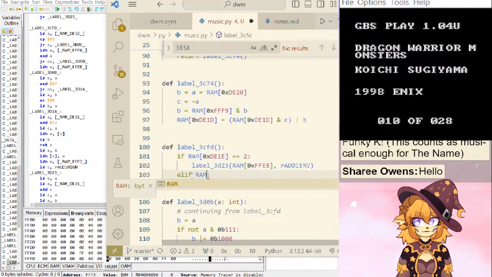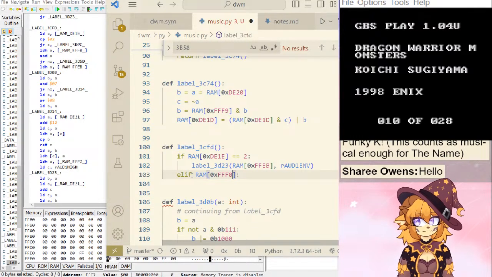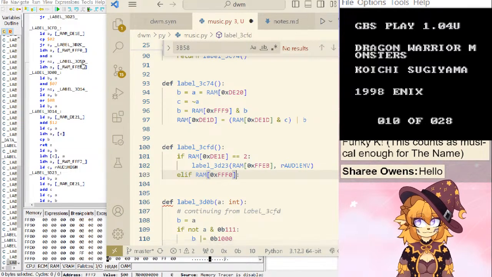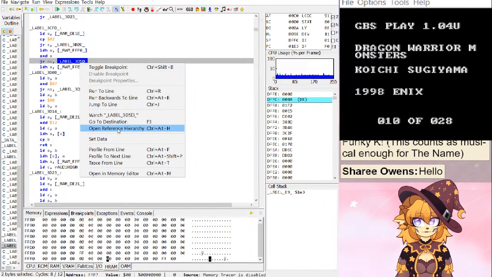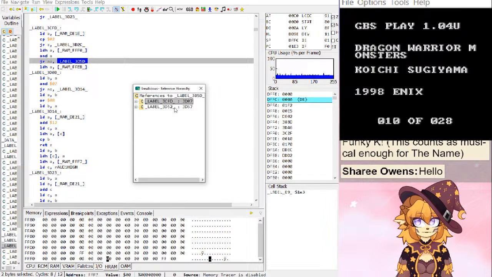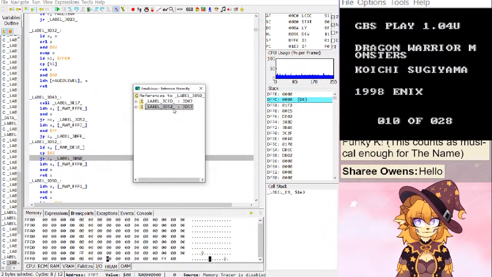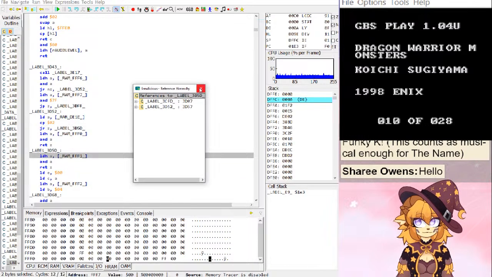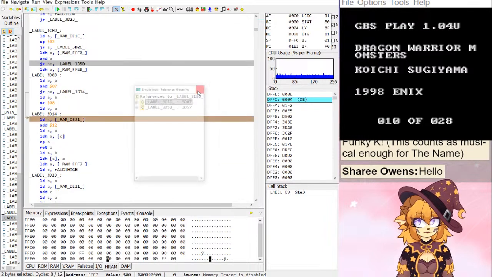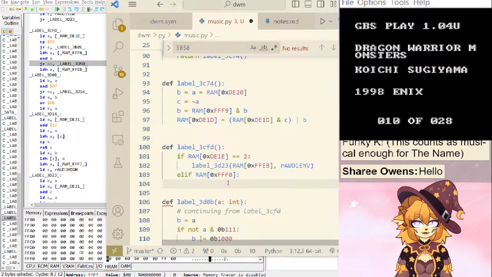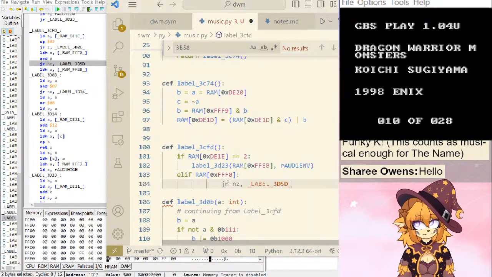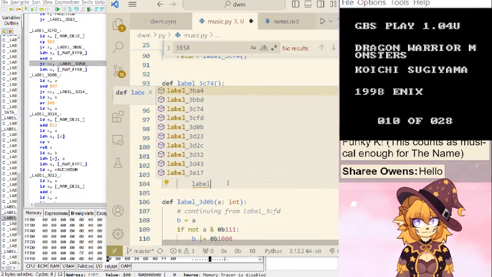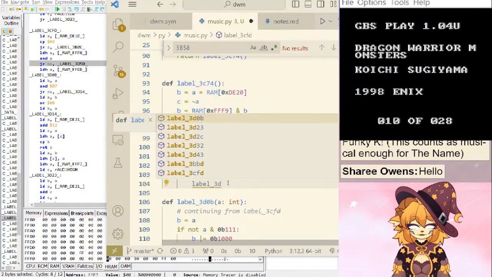RAM 0xFFF0. So if that is non-zero, then it goes to... okay. Probably just have to do that as a call. Example 3D.